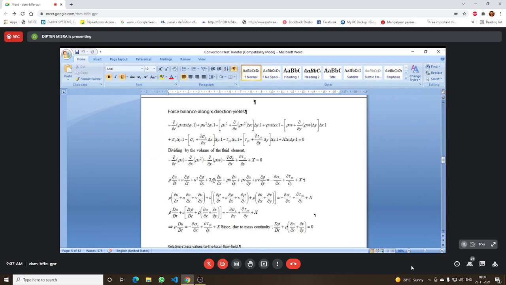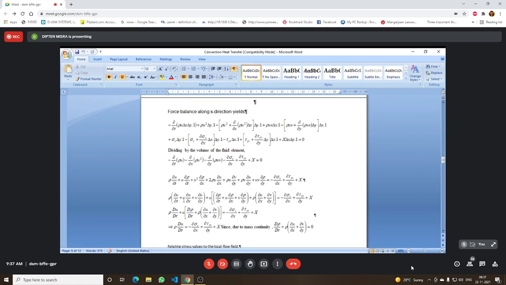It will be rho u del u del x plus rho u del u del x. Now that part I have taken rho into u into del u del x, and there is another rho into u into del u del x. In this way, we have tried to group the different terms into appropriate combination.